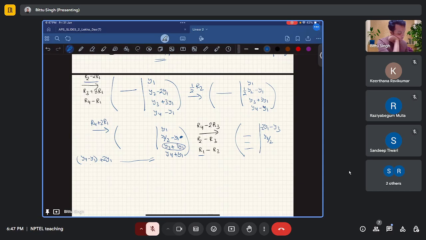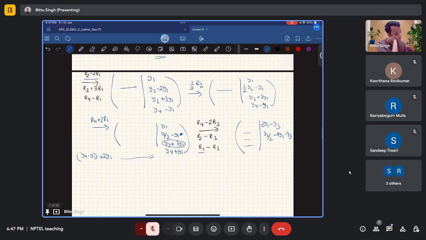Minus 4Y1 minus Y3. And similarly, R4 minus 2R3. R4 is Y4 plus Y1 minus 2 times R3, right? Minus 2 times R3 means Y2 minus 2Y1.